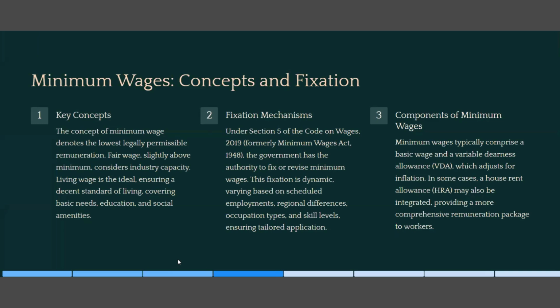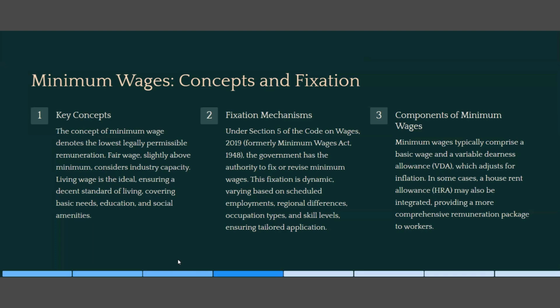Fixation mechanisms. Under Section 5 of the Code on Wages 2019, formerly the Minimum Wages Act 1948, the government has authority to fix or revise minimum wages. The fixation is dynamic, varying based on scheduled employment, regional differences, occupation types, and skill levels, ensuring tailored application.